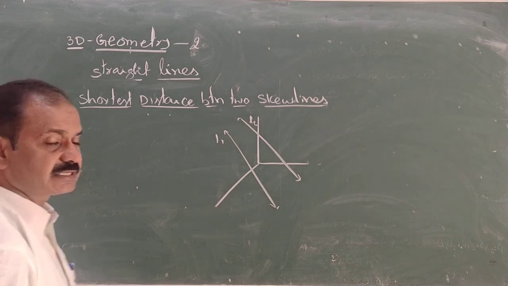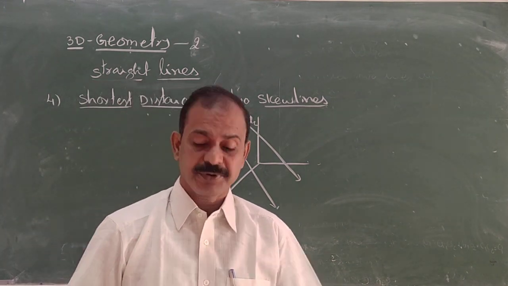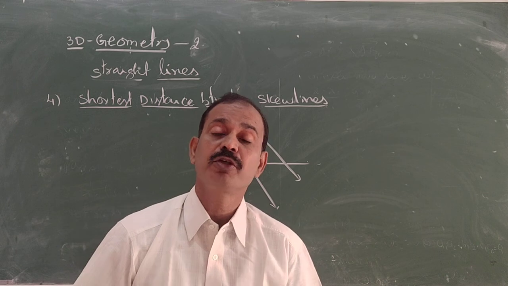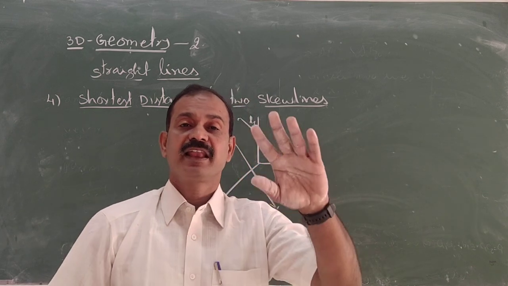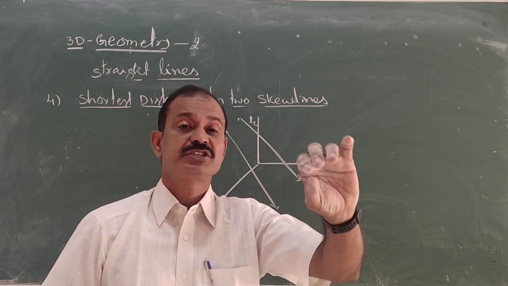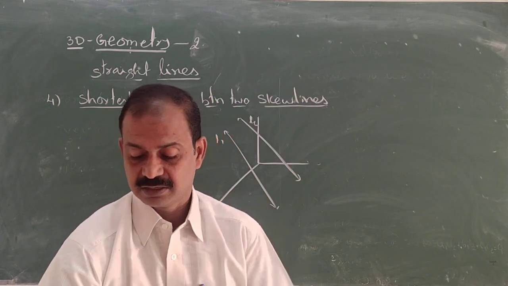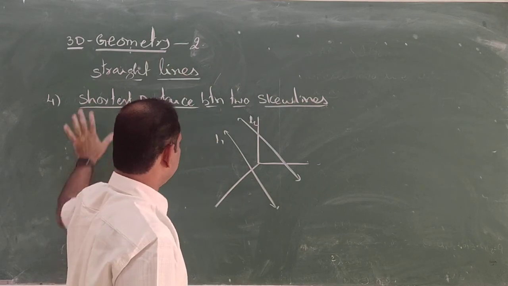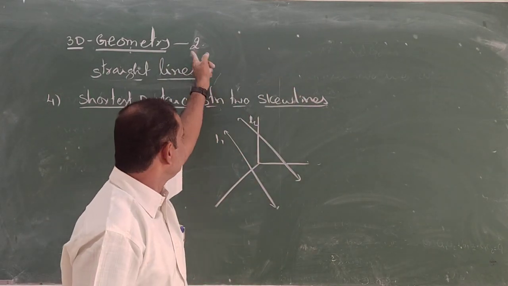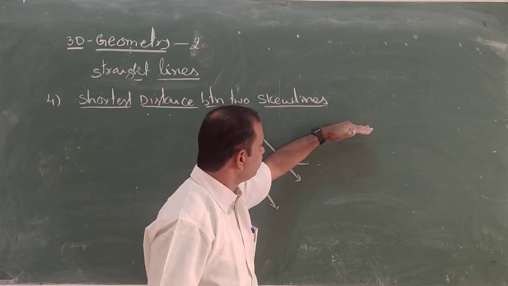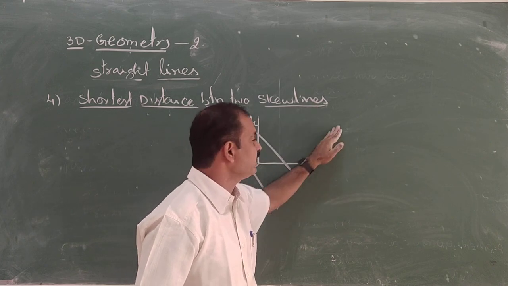Next concept is shortest distance between two skew lines. What do you mean by skew lines? The lines which neither intersect nor are parallel. In a plane, if you draw two lines, either they will be parallel or they will be intersecting.